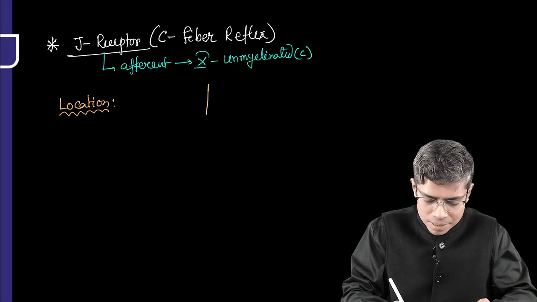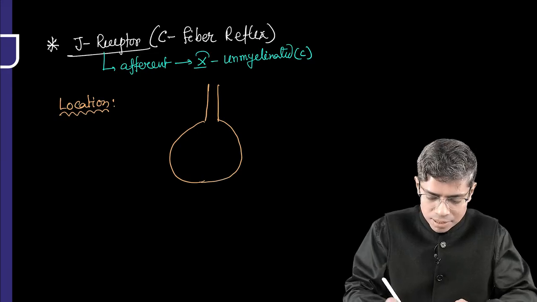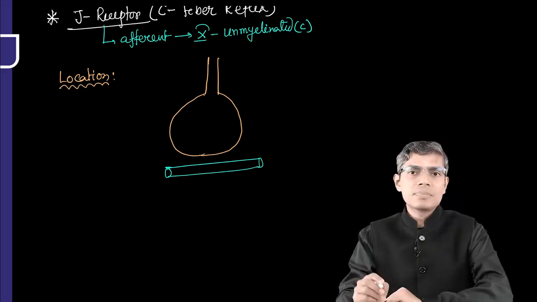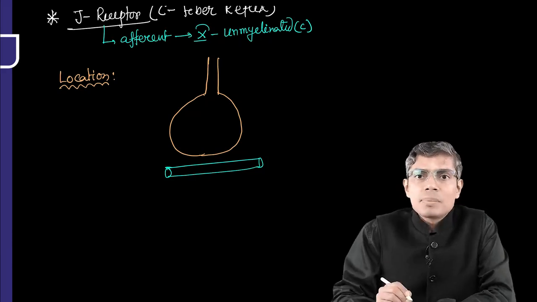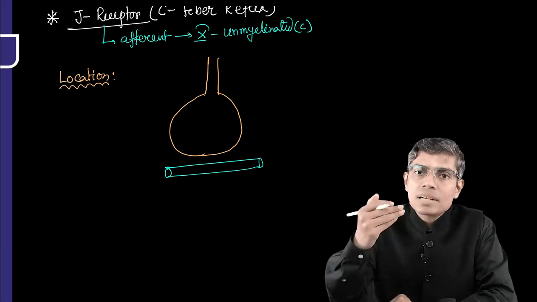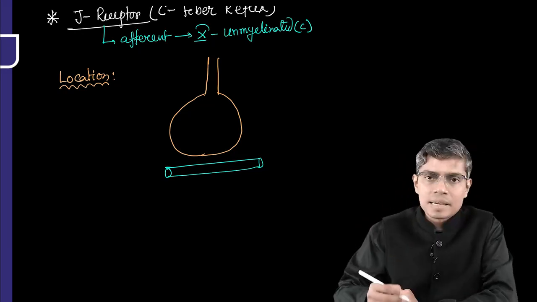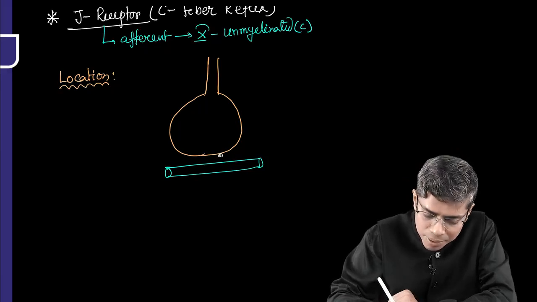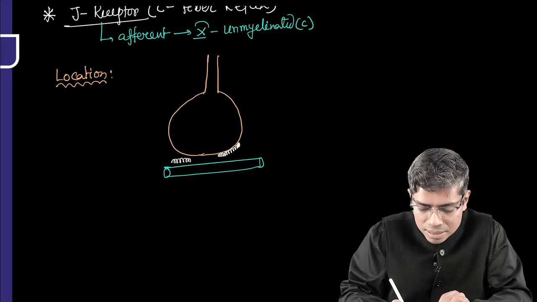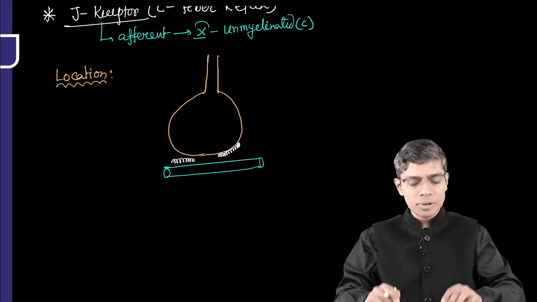Okay, if this is an alveolus, you know that just outside this alveolus there will be capillaries. So suppose this is the pulmonary capillaries. J receptor means they will be located close to the pulmonary capillary, but close means it is not on the capillary wall, but outside the capillary wall, close to the capillary. Mostly they are present on the alveolar wall, or they may be present also at the level of lung interstitial tissues. Getting my point?